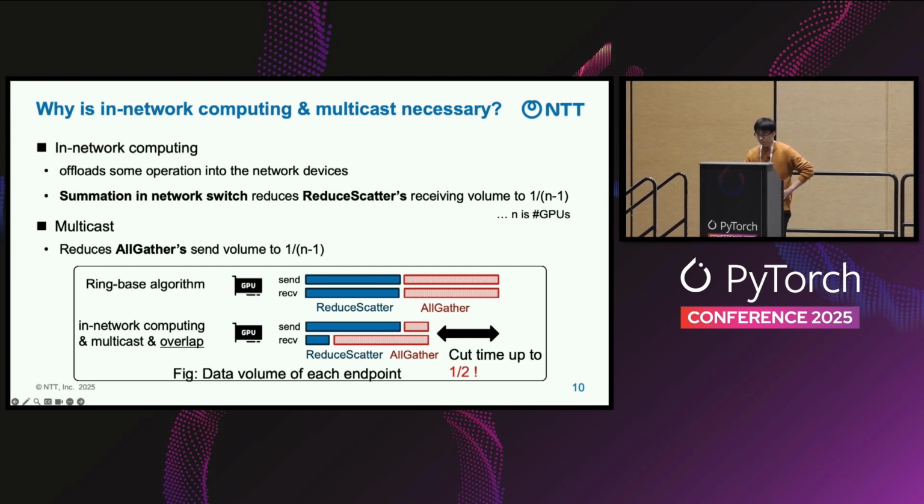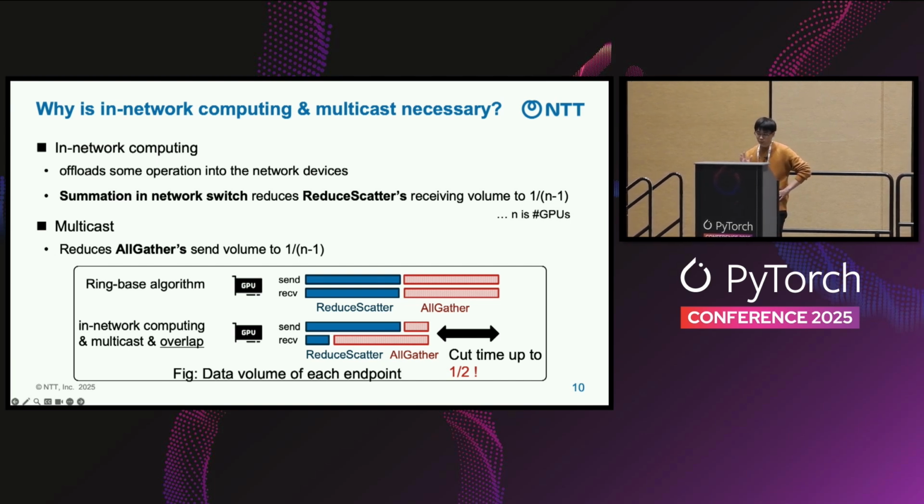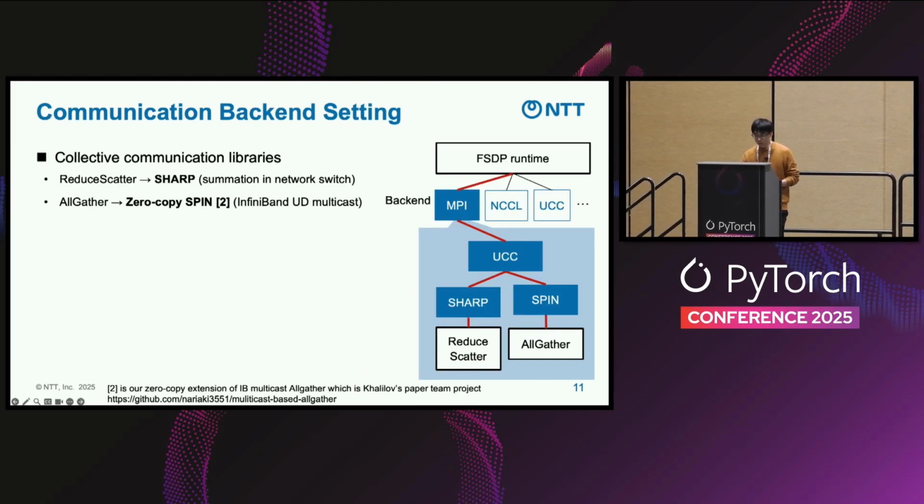So by using overlap, in-network computing, and multicast, we can reduce ReduceScatter and all-gather execution time up to half, when the number of GPUs is large enough. This is a big reduction, so it is very efficient when we apply it to the FSDP workload.